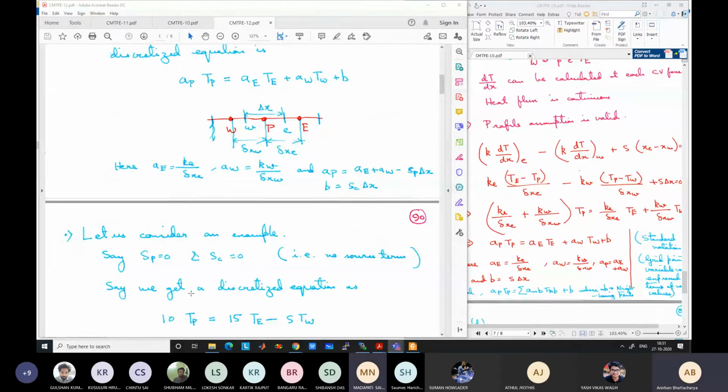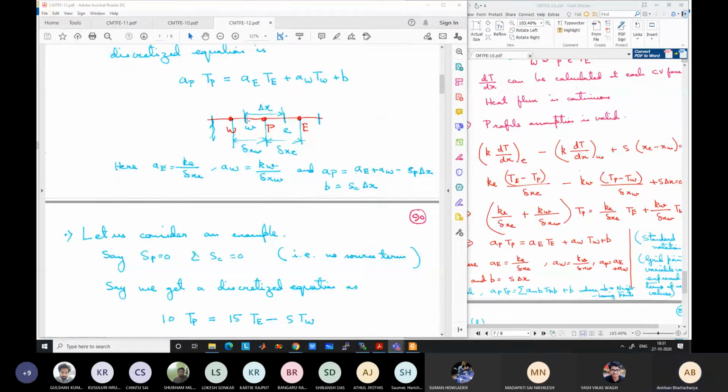So temperature at point P will be more than what we assume compared to W and E. Yes, so it can go beyond the bounds basically. When you have this domain and there is no source term, whatever is the temperature at W and E, the temperature at P should be in between, because there is no source term.